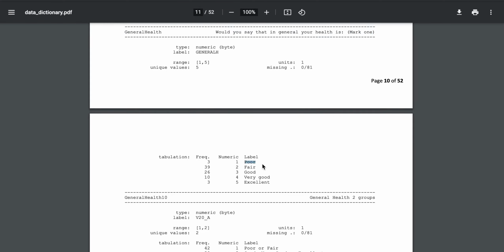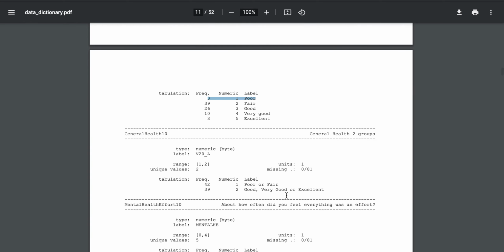What is fair, good, very good? What's the difference between good and very good and excellent? It's very subjective. For some person, something might be excellent, which for somebody else could be poor, right? But maybe the way people see themselves is also associated with their levels of sugar.